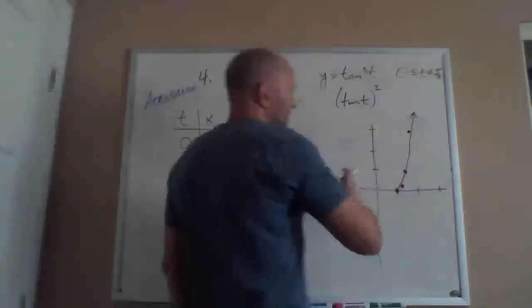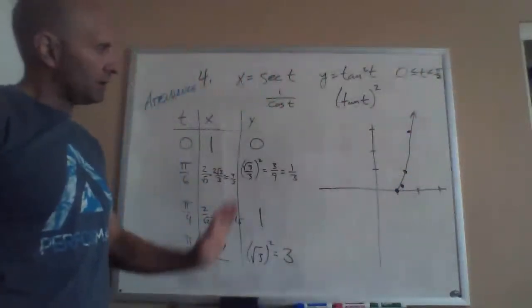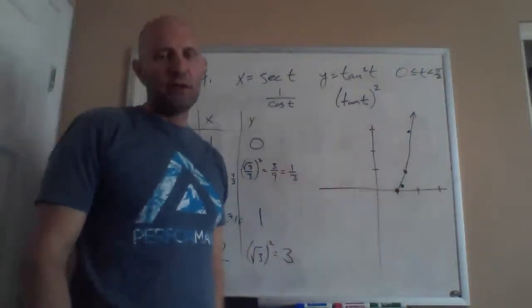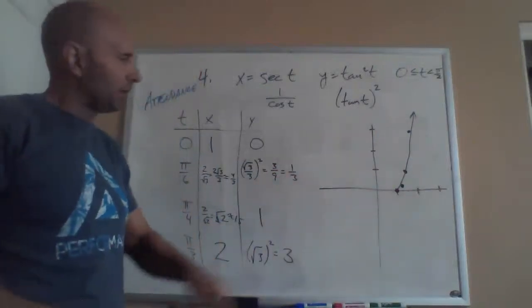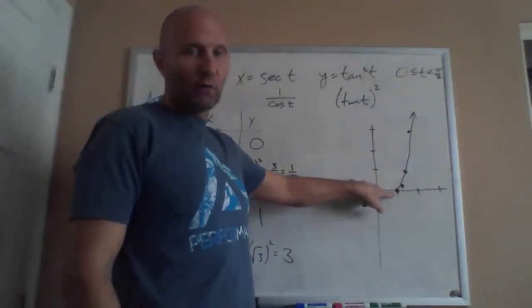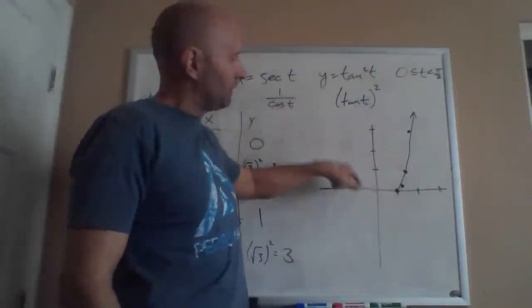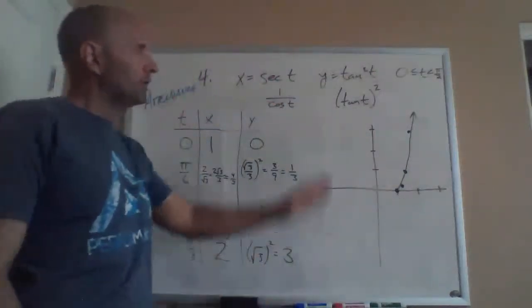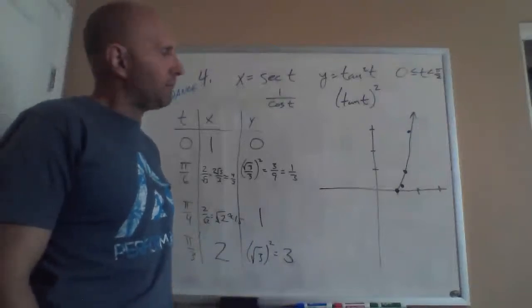I have a part of a parabola. Just the right half, not even the right half, just a piece of the right side of a parabola. It's a point here, no arrow on the bottom because it doesn't keep coming to the left. It starts here and just goes to the right forever, so it gets an arrow on the top there.